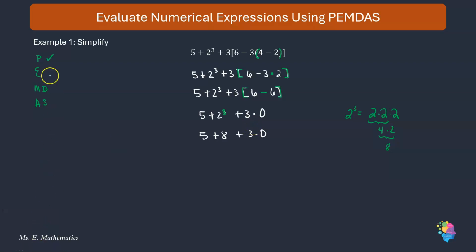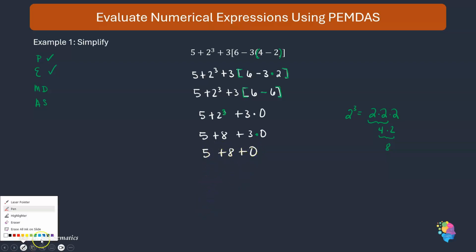Since there are no more exponents, we are done with the exponents, leaving us with only addition and multiplication. Multiplication comes before addition, so we're going to multiply 3 times 0. And we all know that 3 times 0 is 0. So we're left with 5 plus 8 plus 0.